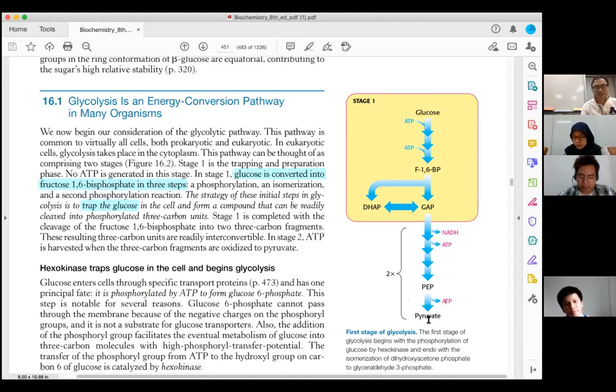And this is very small amount, but it can be very fast, right? So advantage of the glycolysis is the chemical reaction are very fast, and you can generate ATP without the presence of oxygen. Okay? And you generate 2 ATPs, which is not much, okay?